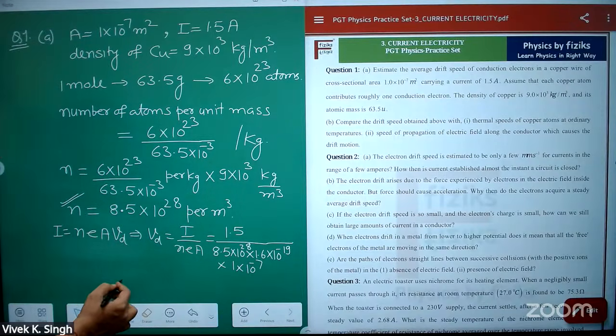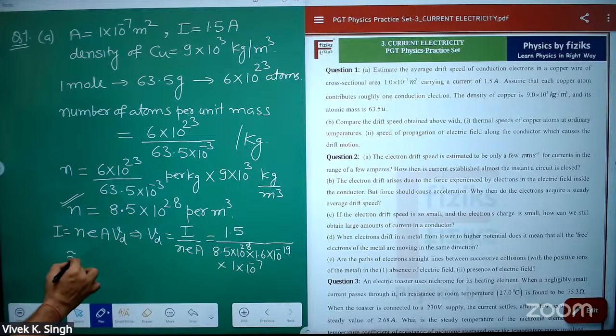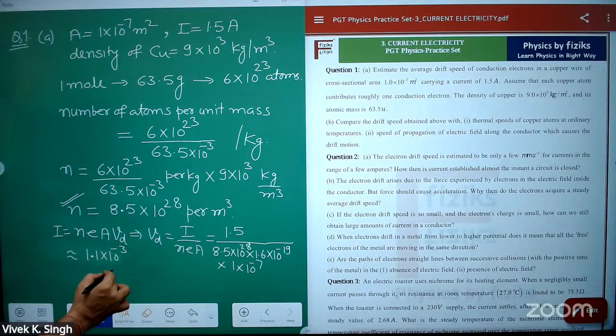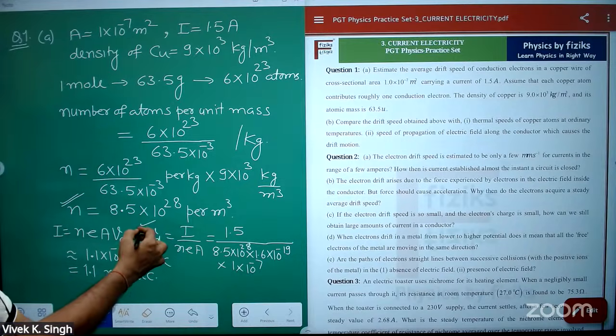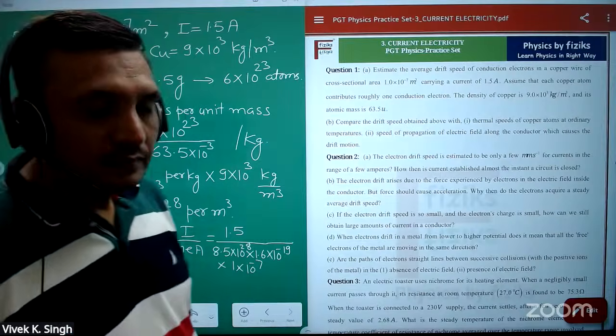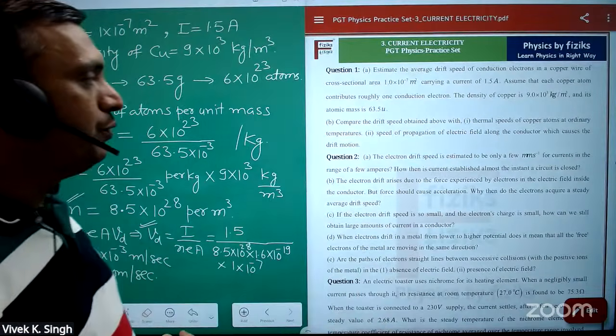If you calculate this value, it is approximately 1.1 into 10 to power minus 3 meter per second, or 1.1 millimeter per second. So just see, this drift speed is very small.